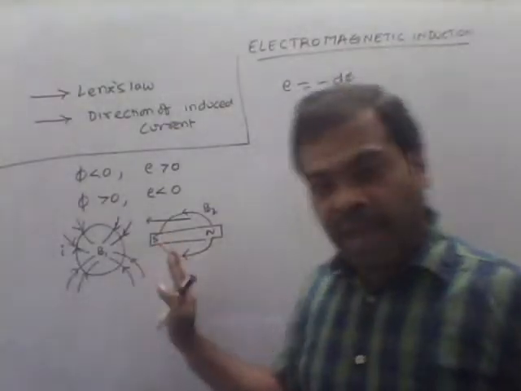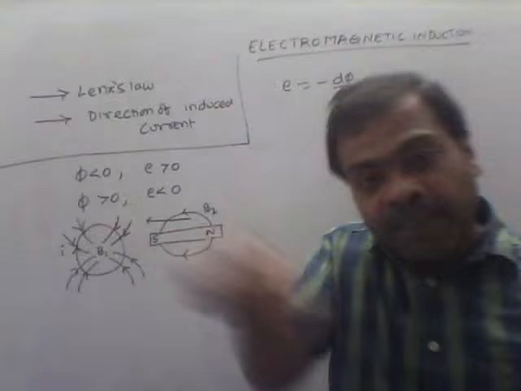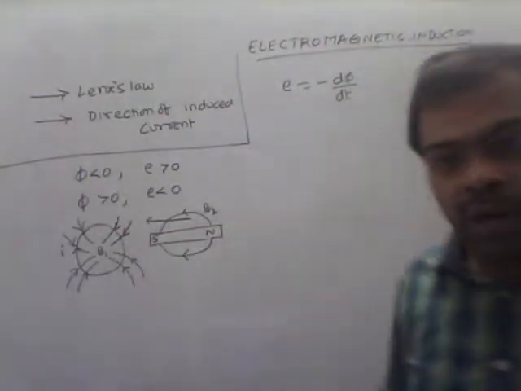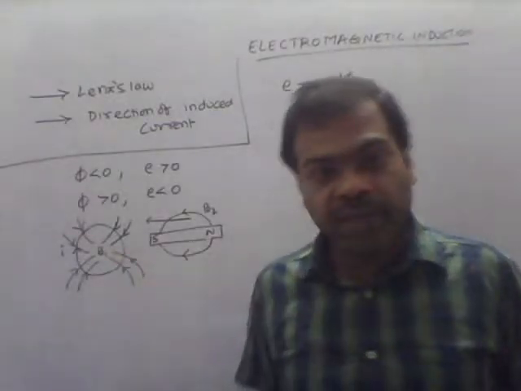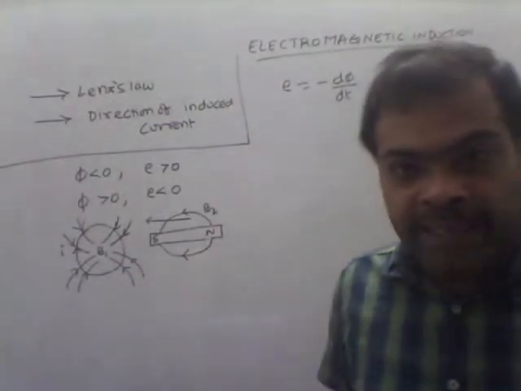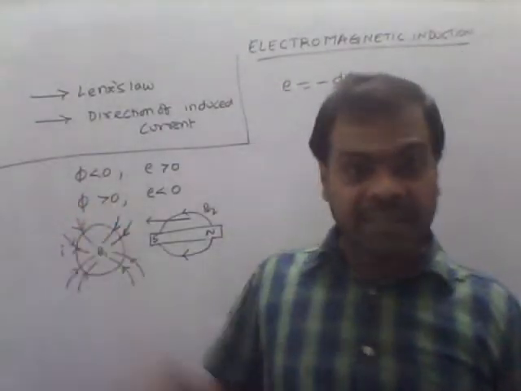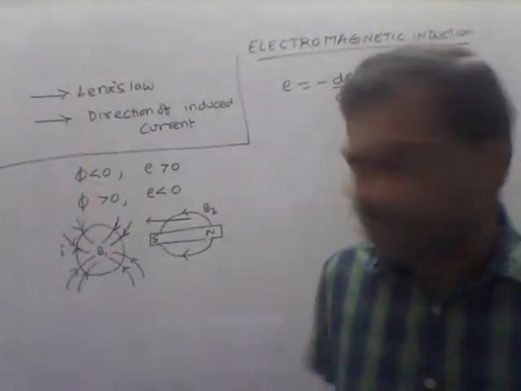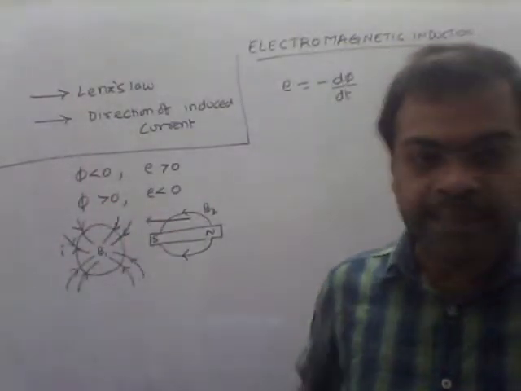Similarly, whenever the magnet is moving away, the circular coil will attract the magnet. Whenever it is attracting the magnet, the magnetic flux will be more, since more field lines pass through. In that case, we can say that the induced EMF will be less.